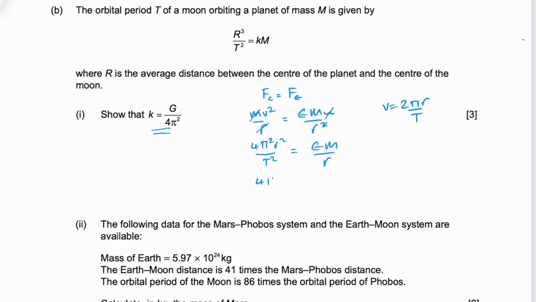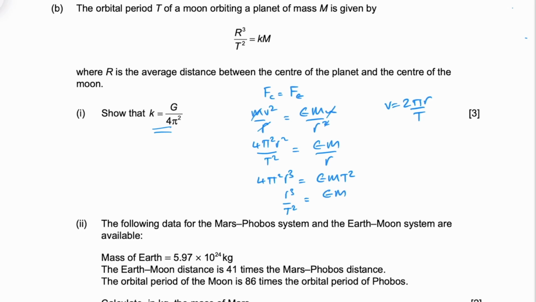Okay, so 4 pi squared r cubed equals GMT squared, cross multiplying. r cubed over T squared equals GM over 4 pi squared. And what we're likening it to is kM, so k must be equal to G over 4 pi squared.